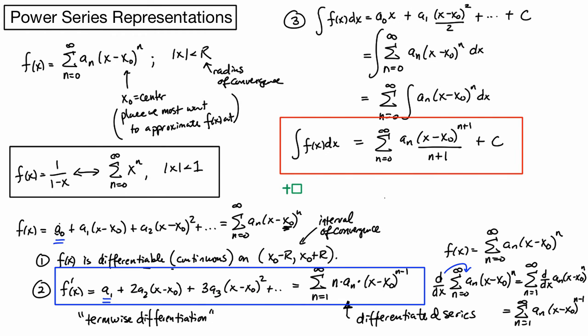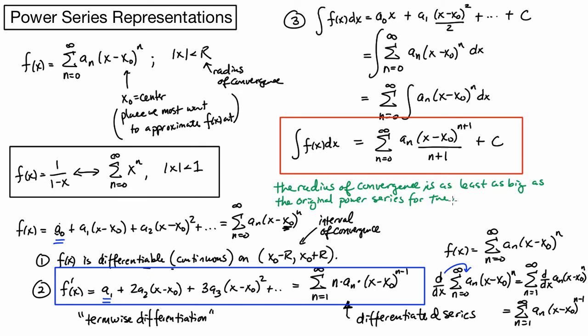So the radius of convergence is at least as big as the original power series for the integrated and differentiated series.